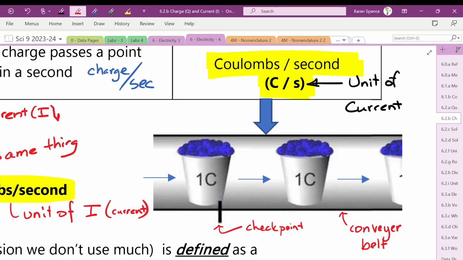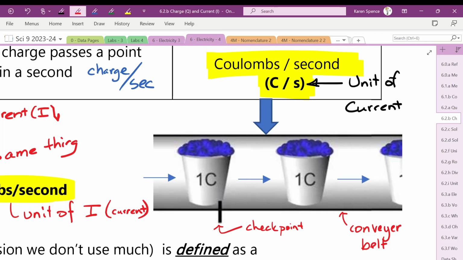Or you could say, I'm going to start my timing when the second hand reaches 20. 1, 2, 3, 4, 5, 6, 7, 8.